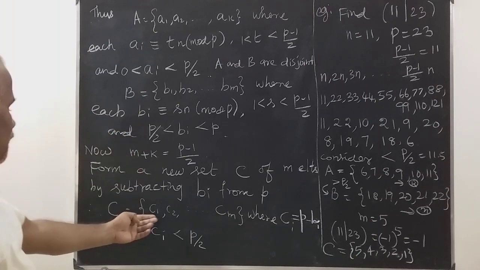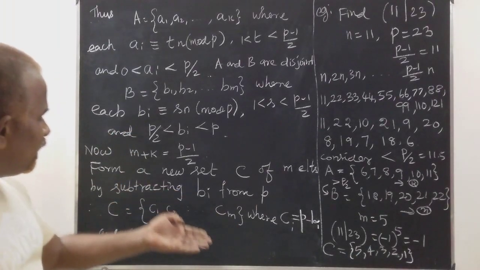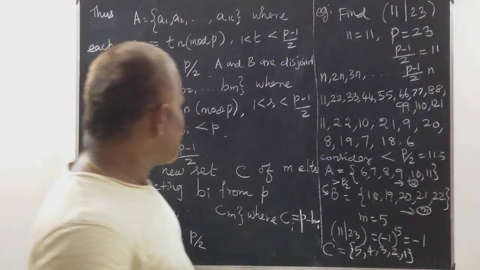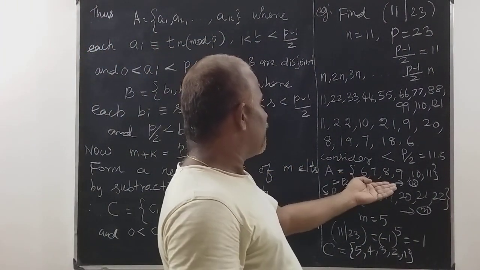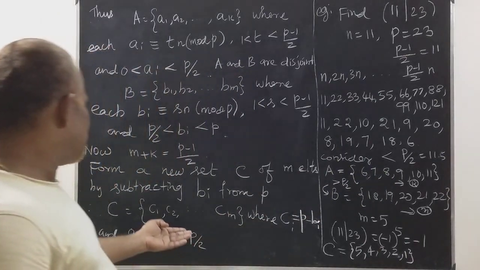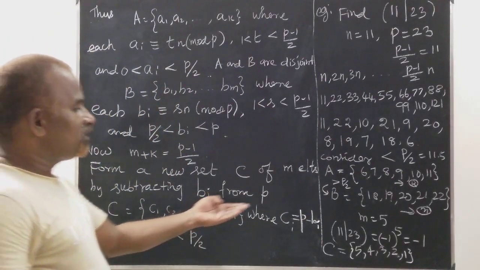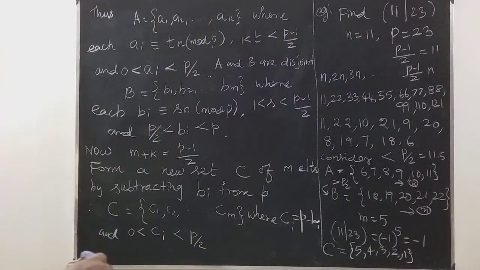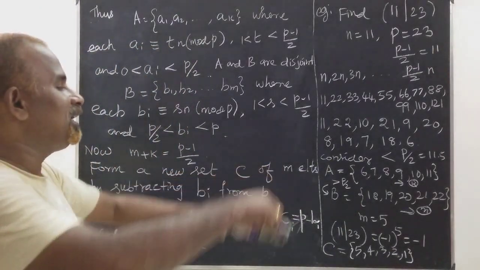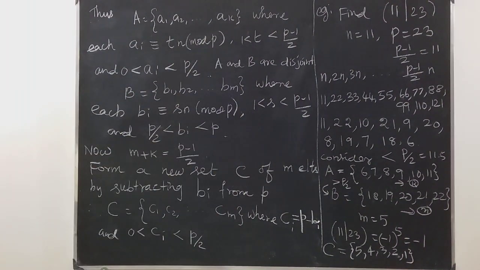The elements of A lie here because this is less than P by 2. This is also less than P by 2. So therefore the elements of A and C both lie in the same interval 1 to P minus 1 by 2.